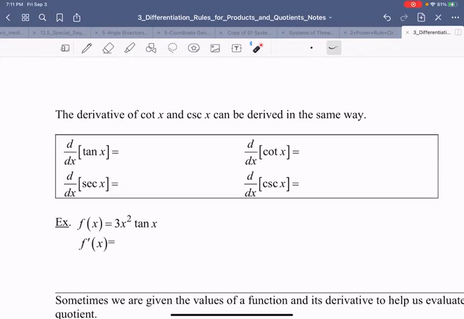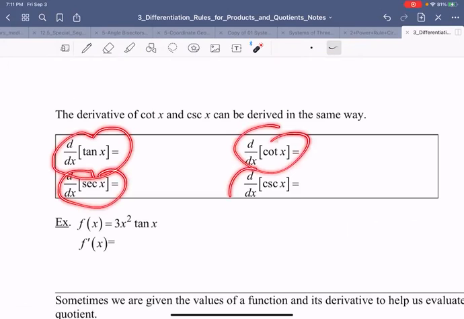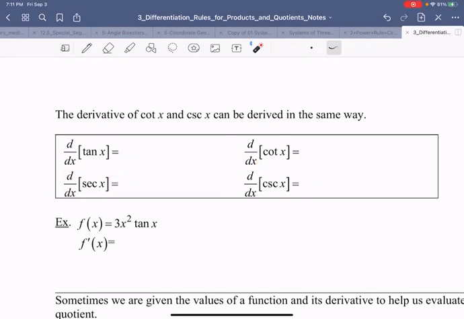Now, Emily, I want you to tell me all these formulas. Go ahead. The derivative of tangent x is secant square x. For cotangent, it's negative cosecant square x. Secant x derivative is secant x times tangent x, and the derivative of cosecant x is negative cosecant x times cotangent x.